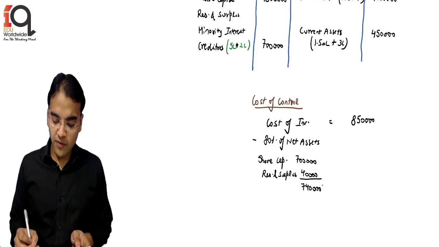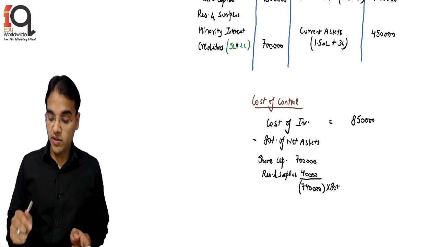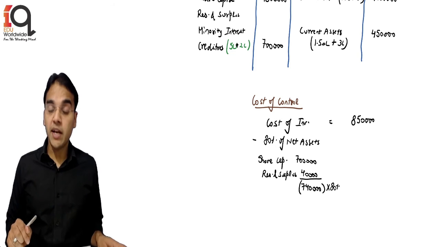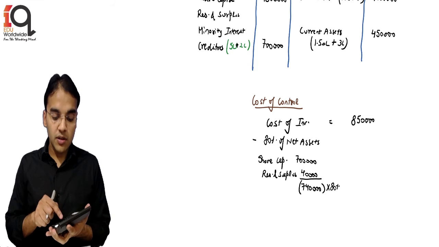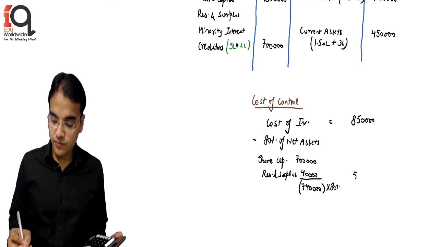And what we have to do? 740 into 80%, student, because we have acquired 80%. So obviously I cannot compare 850 with the full 740. I have to compare the 80% of the net assets acquired on that day with the cost, that is 592.